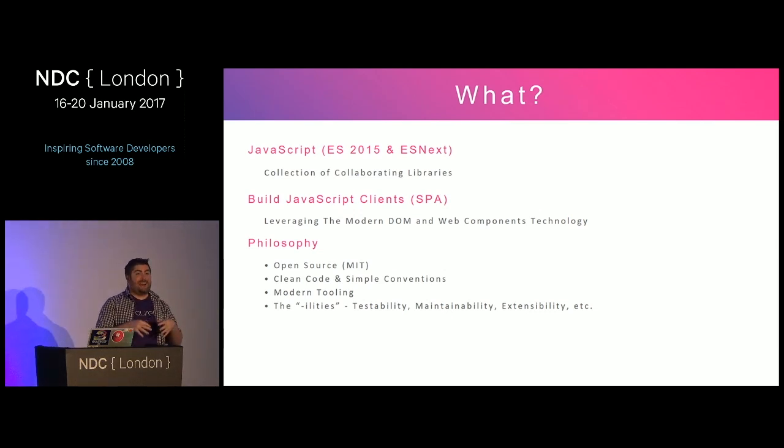Because the framework gets out of your way and allows you to focus on writing your own code, that makes your code that much more testable because you're not having to mock up a bunch of constructs from the framework. Because you're not having to write a bunch of framework code, that makes your own code more maintainable. If there's less code to maintain, it's going to be more maintainable.